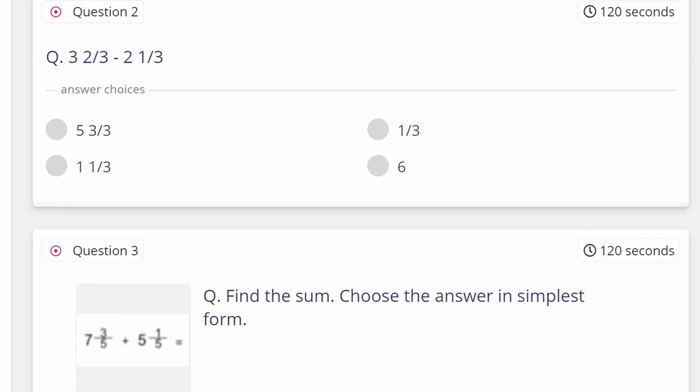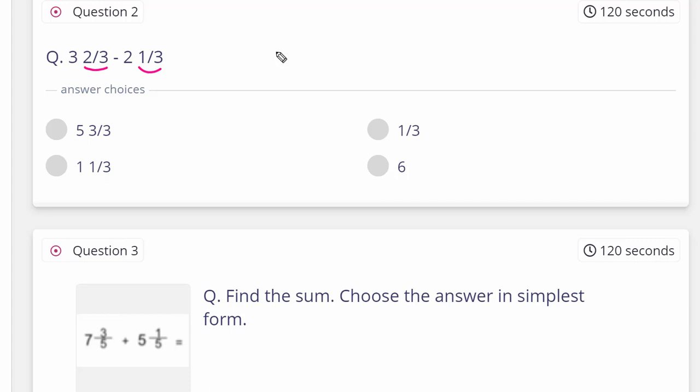Malik Salman, yes, go ahead quickly. 2 minus 1 equals 1.